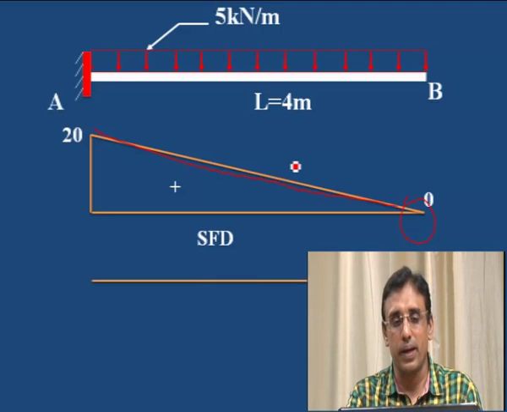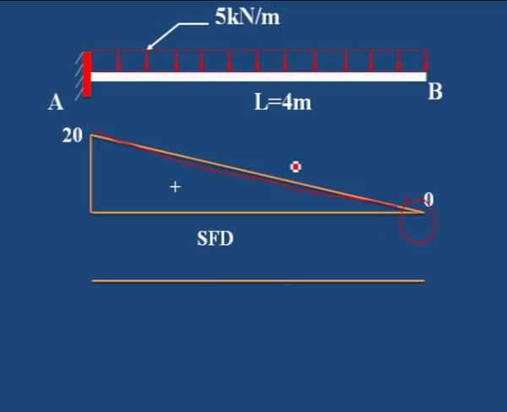Next bending moment diagram. First draw the horizontal line and mark the maximum bending moment at the support, this fixed end, and at the free end it is 0. Then you have to join them by a curved line, a parabolic line. This is not a straight line, it is a parabolic line. It should not be a straight line. Wherever the uniformly distributed load is given, we have to draw the parabolic line in the bending moment diagram.